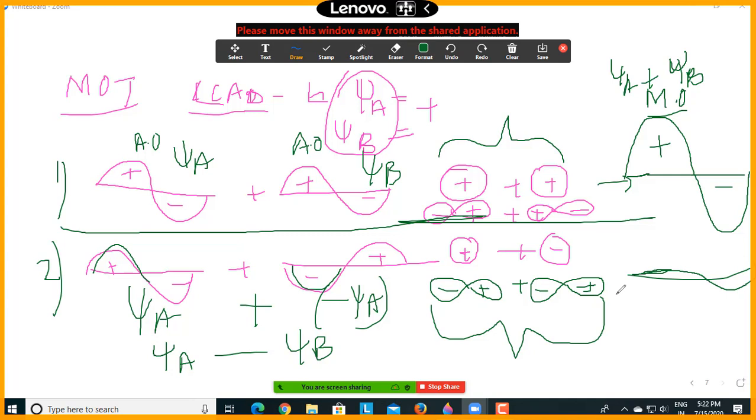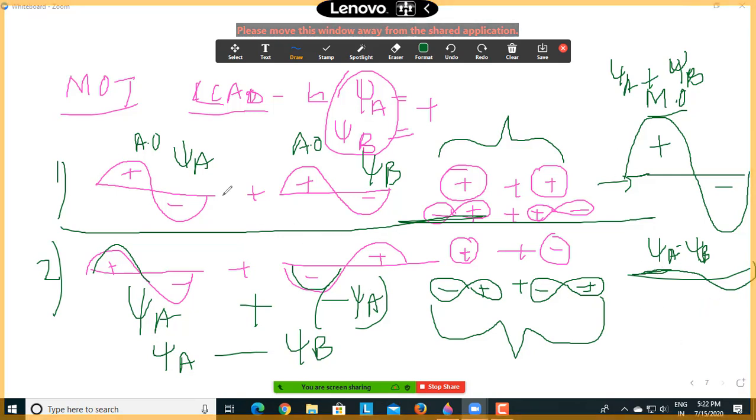The difference will be left. This is called psi A minus psi B, the resultant electron wave of two combining orbitals. So this is the molecular orbital.